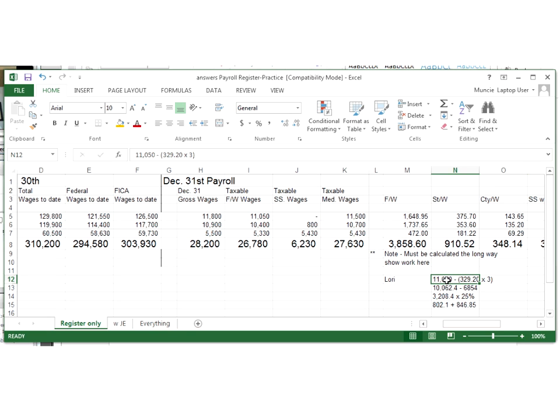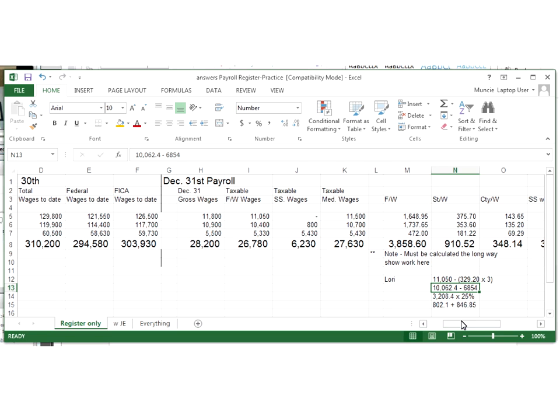Our taxable income was $11,150 for this first person, and then we subtract out the allowances, which, if you're paid monthly, is $329.20 per allowance. So we multiply that by 3 since we have 3 allowances. We take our taxable wages minus the allowance part, and I'm left with $10,062.